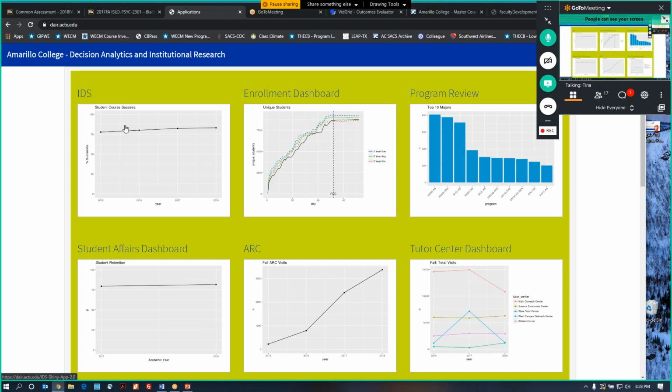So faculty, along with their assessment data, can go in here and look at the analytics behind their course success. What are my ABC rates of my students, and also get that information by demographics. Enrollment dashboard, and then this was built for assessment program review. So we do this every 2 years as a component of our assessment to look at the overall health of our programs. And so it's very important that institutional effectiveness collaborates with institutional research.